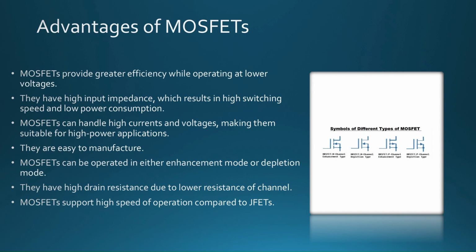They are easy to manufacture. MOSFETs can be operated in either enhancement mode or depletion mode. They have high drain resistance due to lower resistance of channel. MOSFETs support high speed of operation compared to JFETs.